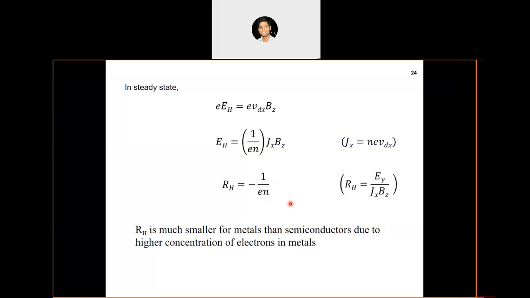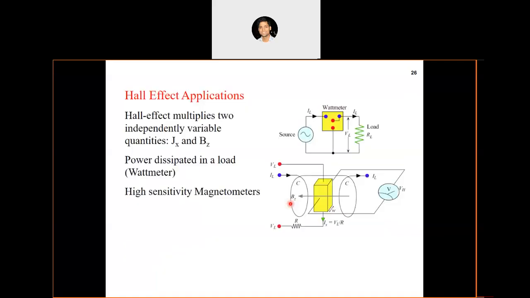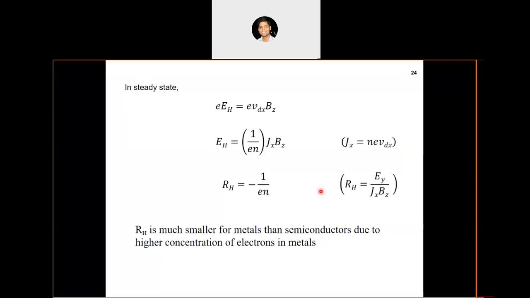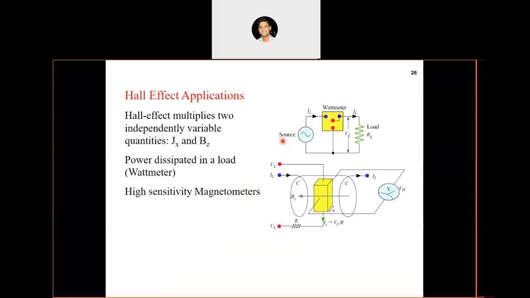So those were the two main things, and then some applications, because in the Hall effect we are basically multiplying two independent quantities, which are current density and magnetic field. So that can be used in a lot of electronic devices. For example, to calculate power dissipated, which is voltage times current, Hall effect is used in a lot of watt meters.